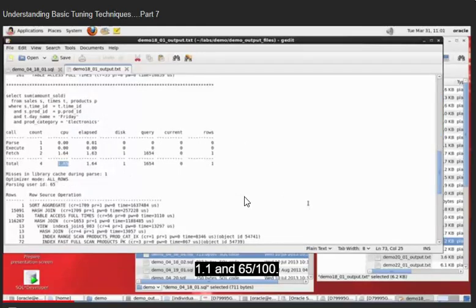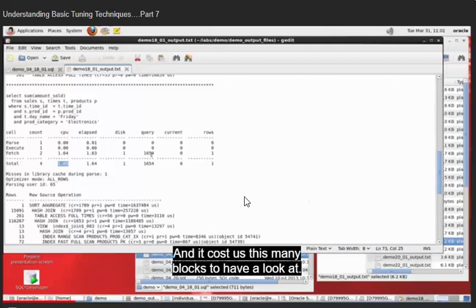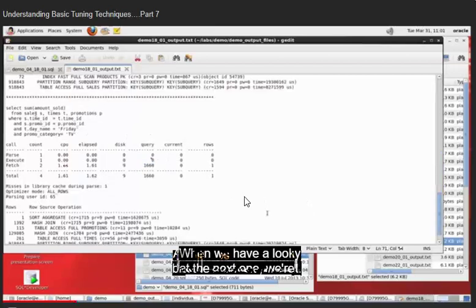When we look at the next one, we're looking at the promos instead of the electronics. Once again, we're looking at over 1 second to execute. And we had to touch this many rows, so we ended up passing through all of the data 3 times.